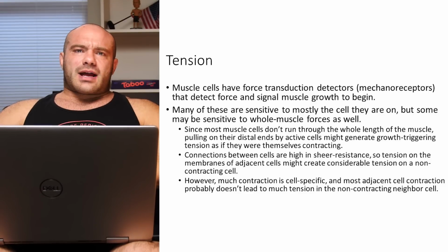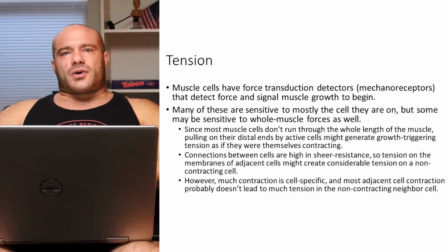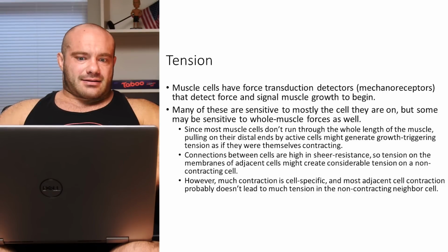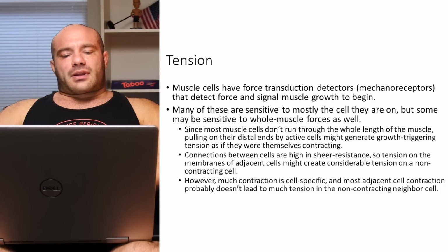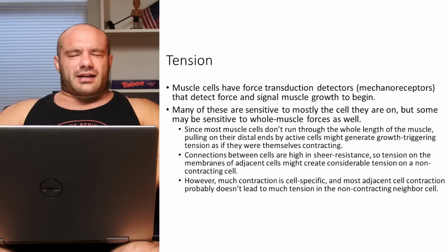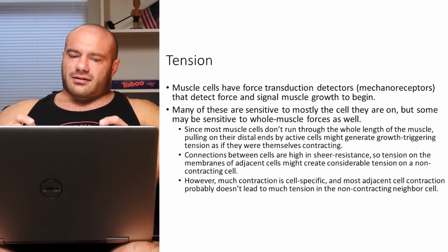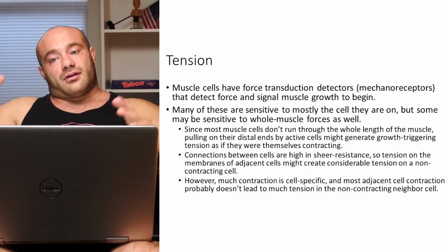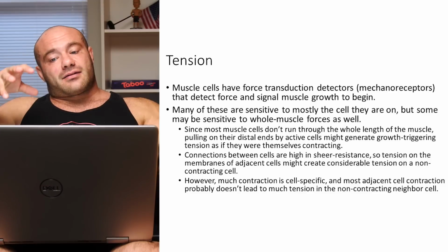But some of them are probably sensitive to whole muscle forces as well. So if the whole muscle contracts, but parts of it are not contracted, because tension is developed through the whole muscle, those parts will get some residual tension detection and they'll still turn on to some extent, right? First thing is a lot of muscle cells, probably almost all of them, don't run the entire length of the muscle. They connect at some point in the muscle and connect at another point in the muscle. And there's a whole bunch of muscle outside either way, side to side and front to back.